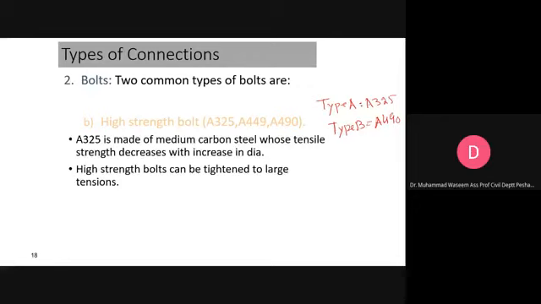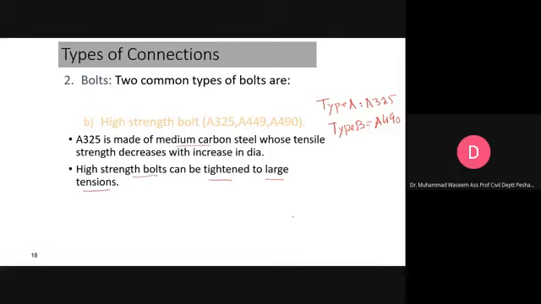High strength bolts are made from medium carbon steel, whose tensile strength decreases with increase in their diameter. High strength bolts can be tightened to large tensions as compared to the A307 bolts.